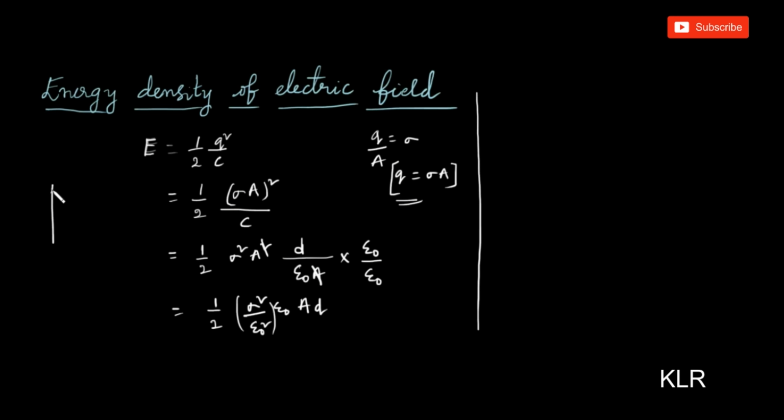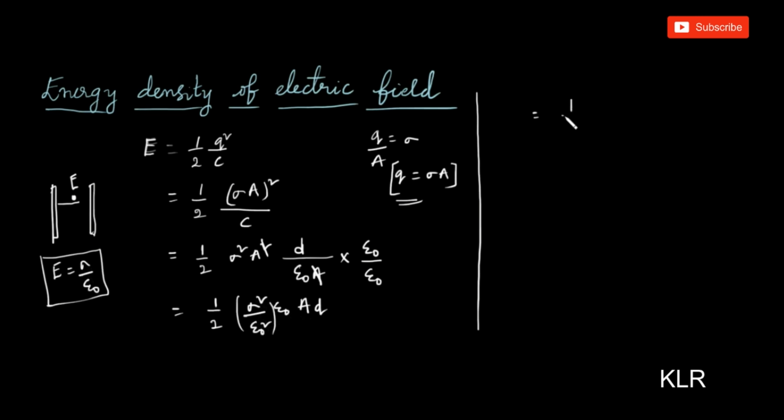We already discussed that in a parallel plate capacitor, the electric field at any point in between these plates is sigma by epsilon naught. So E is equal to sigma by epsilon naught, so I can write sigma by epsilon naught as E.